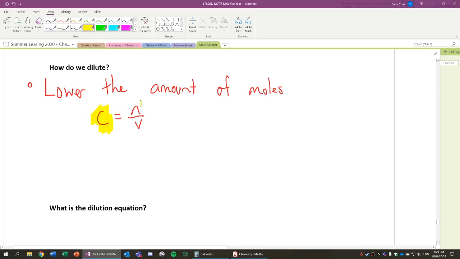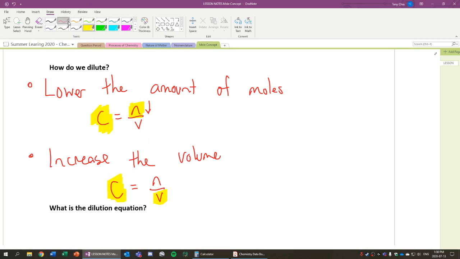So how can we do that? We can lower the amount of moles. So that means this goes down. But the other way, we can increase the volume. Because if C is equal to N over V, if we want to decrease this, we also can increase our volume.